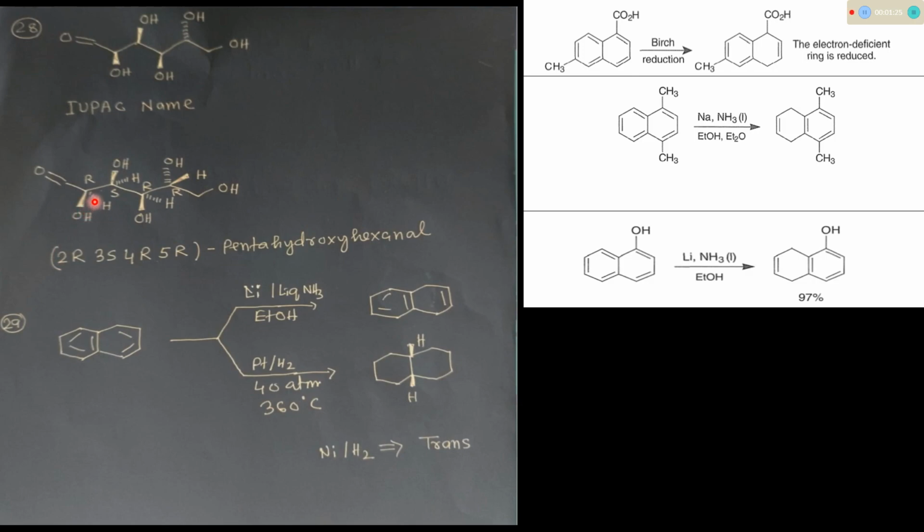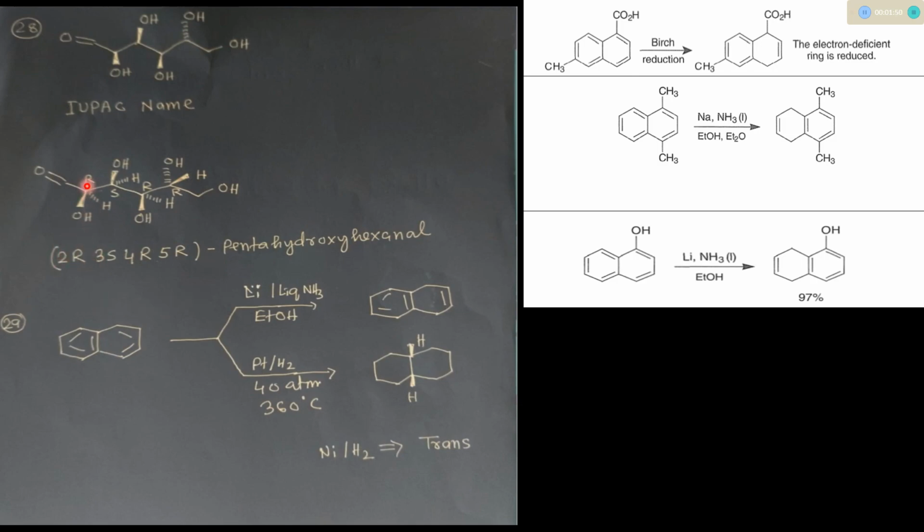In the four options there are so many given like this: 2R, 3S, 4R, 5R pentahydroxyhexanal. This is a hexanal with 5 hydroxyl groups, that's why pentahydroxyhexanal. In all four options the last part was given as pentahydroxyhexanal, but in the bracket the stereochemistry was different.